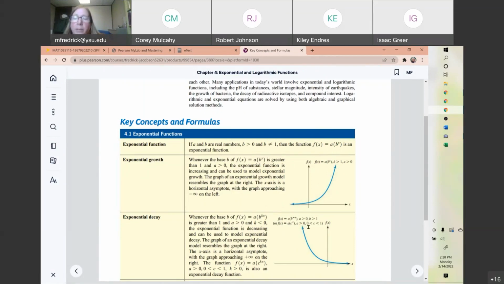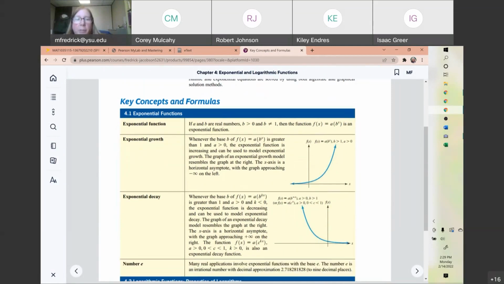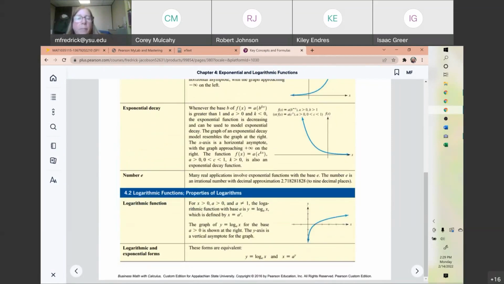When B is less than 1, decay. This is nice because it's showing you all the little rules, the negative exponent. These formulas I'll explain in a minute. But this one you can go back and forth, and we'll use it to solve equations.